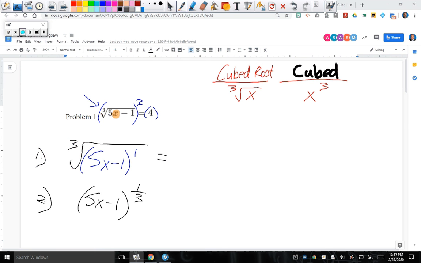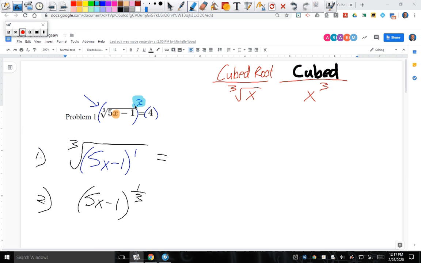Y'all with me? Still raising it to the reciprocal? Yeah, because when we cubed, the way we just did, and that's what I want you to make sure that you learn, is cubing both sides means we just raise it to the power of 3 over 1. And the reason why I want to get you used to that right now is because it won't always be 3 over 1. It could be 3/5. It could be 5/3. It could be whatever.